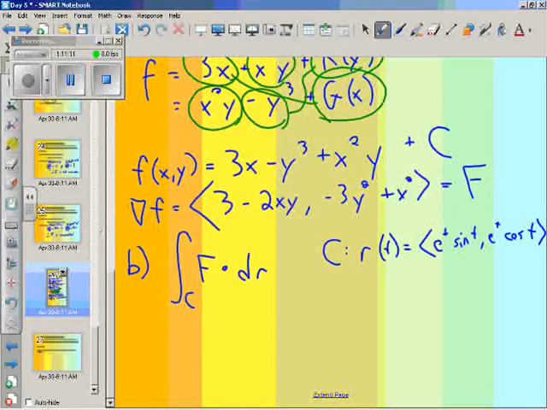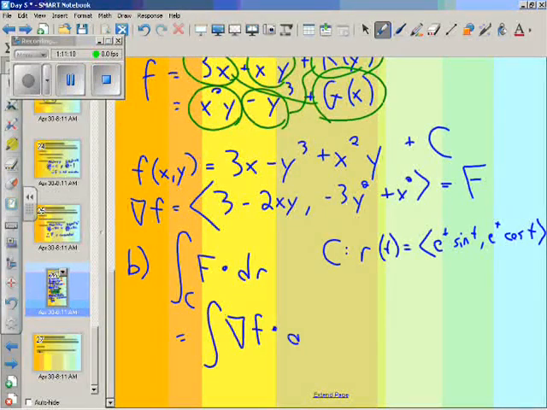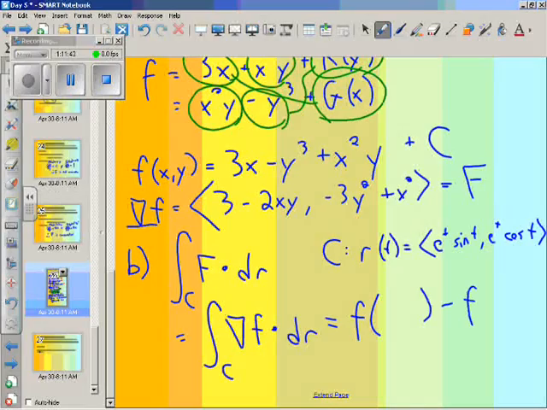But we already showed that F just equals the gradient of little f from right here. And now we can just use the fundamental theorem of line integrals. So it's just going to be f of the endpoint minus f of the initial point. Okay?